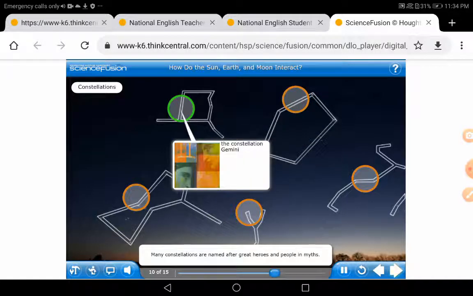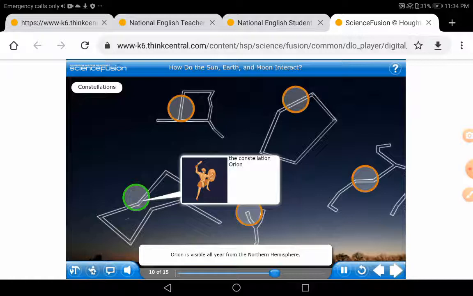Many constellations are named after great heroes and people in myths. This constellation is called Gemini, or the twins. To the ancient Greeks, this group of stars resembled stick figures of two people, sons of the Greek god Zeus. This constellation is best viewed from the northern hemisphere in February.